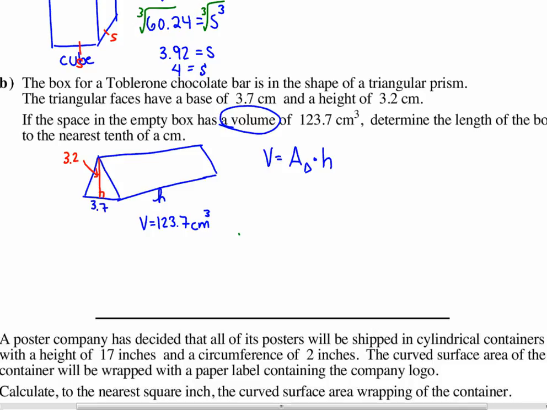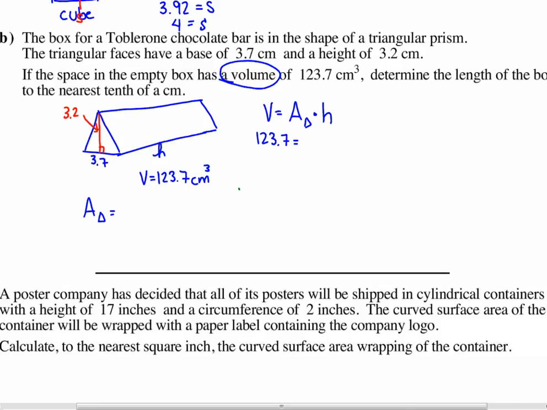Do we know volume? Yes. Do we know the area of the triangle? Could we find that out? Yeah, let's do that. What's the formula for the area of the triangle? Base times height divided by 2, or 1/2 base times height.